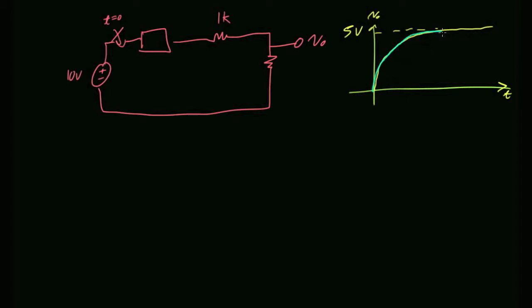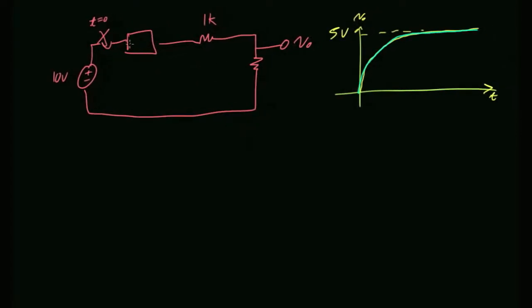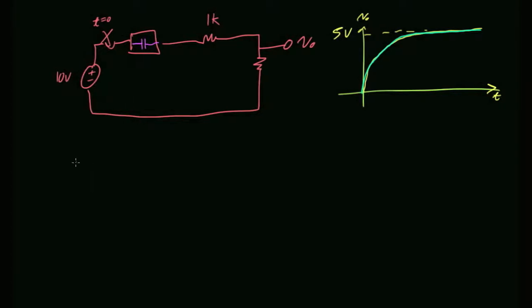So let's talk about why it can't be a capacitor, and then we'll talk about why it has to be an inductor. Okay, because those are both useful conversations to have. So if it was a capacitor, what do capacitors do? If you put a constant voltage across them, eventually the capacitor will charge. And remember, the capacitor is I equals C dV/dt.